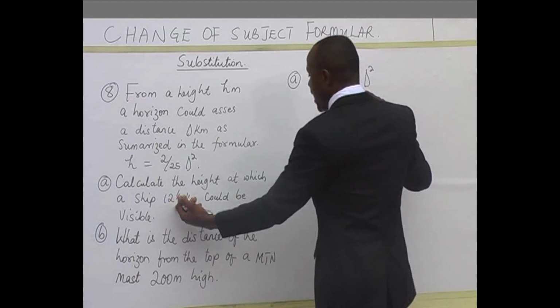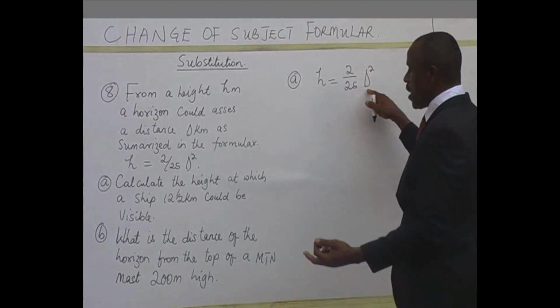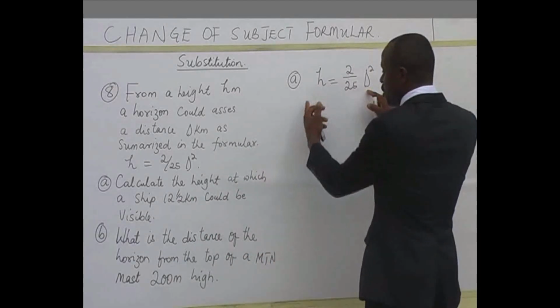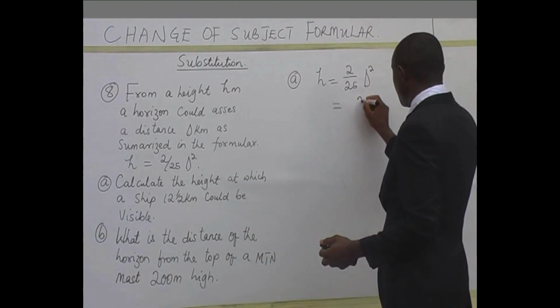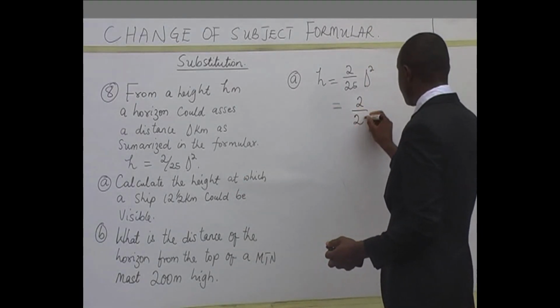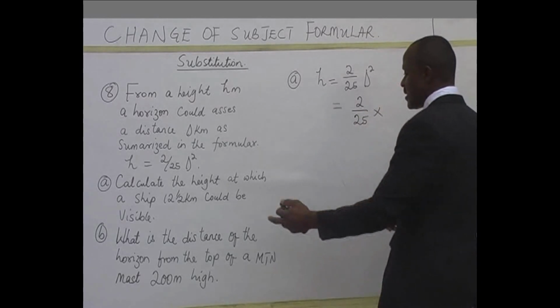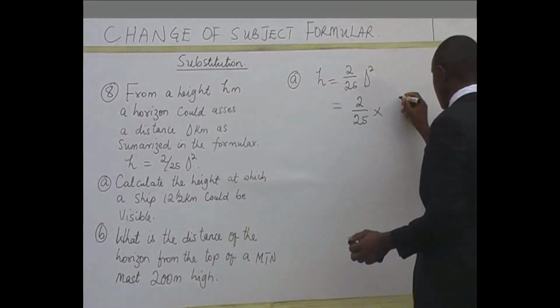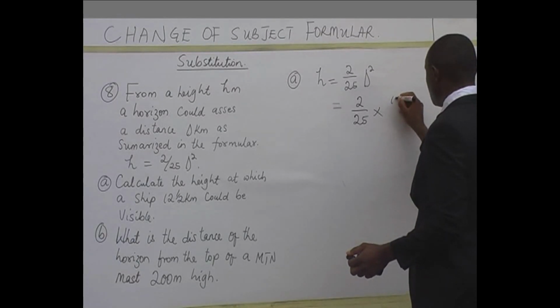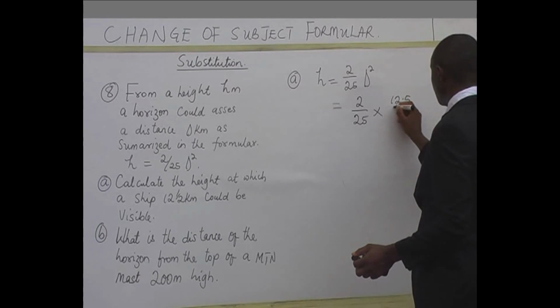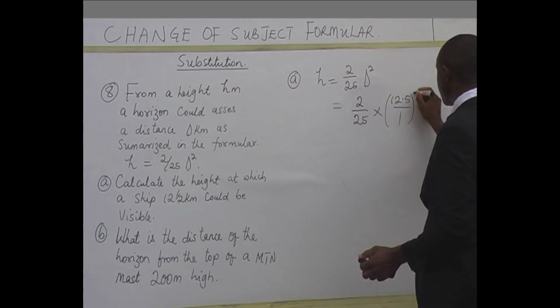That means use 12.5 and substitute for d. You'll be able to calculate the height h, which the question is asking for. Simply, this is going to be 2 over 25 times the distance, 12 and a half, which is 12.5, then all over 1. Remember, squared.